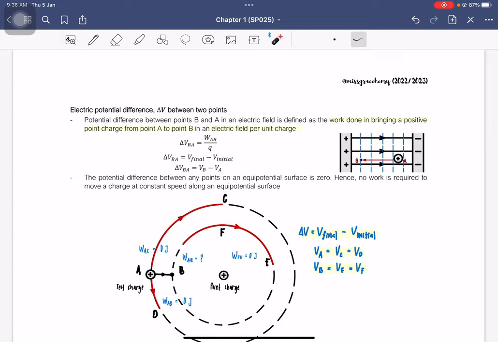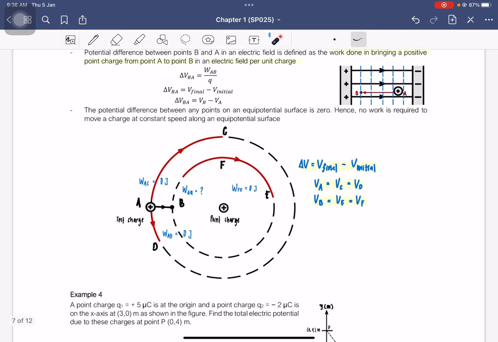So the formula is given here, where delta V_BA is V final minus V initial, which is basically just V_B minus V_A lah. Okay, so the potential difference between any points on an equipotential surface is 0. So there is no work required to move a charge at constant speed along an equipotential surface.